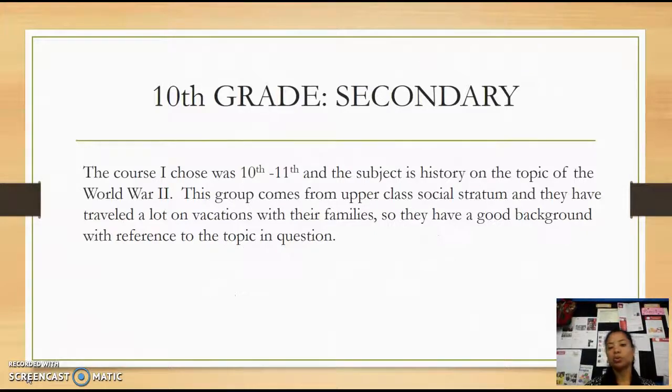The course I chose, obviously, like I mentioned before, was 10th and 11th grade, and the subject is going to be history on the topic of World War II. It is considered around the world that this war was the most horrible one, but I think that if we really understand the causes and all that, we can avoid more wars like this one, or even small wars.